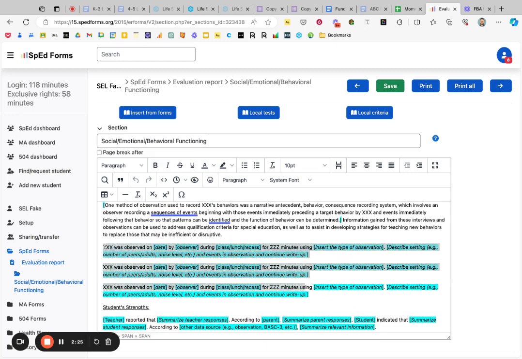This is for describing our observations. So student was observed on this date by this person during this class for 50 minutes using, so let's just fill this out, was observed on 11/23/23 at Thanksgiving or close to it. Why did I do that?